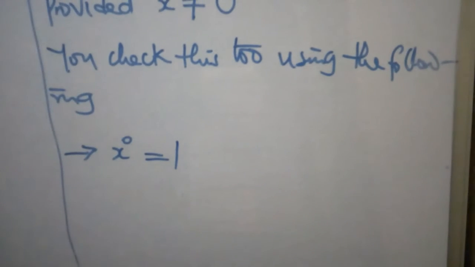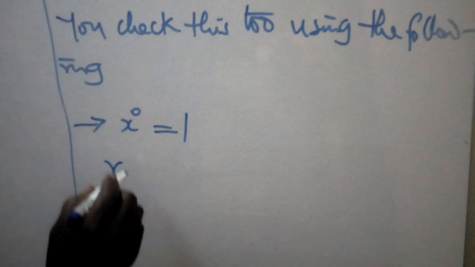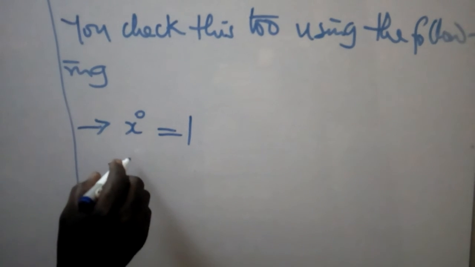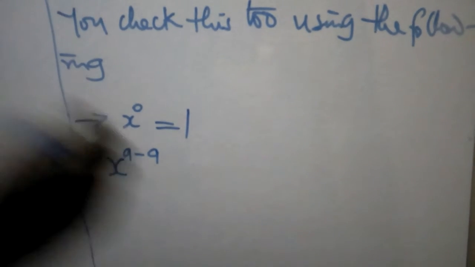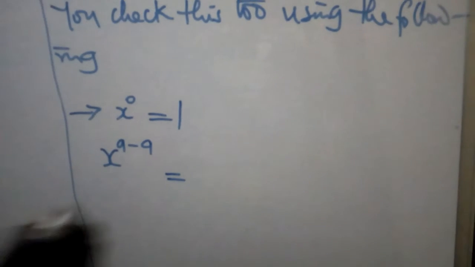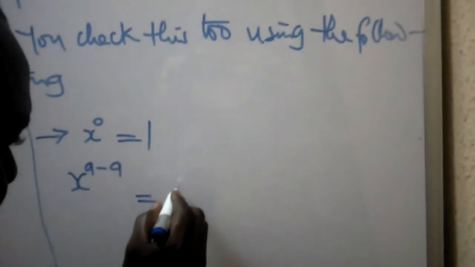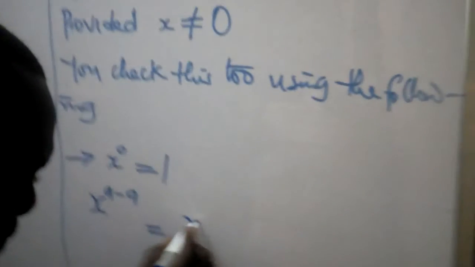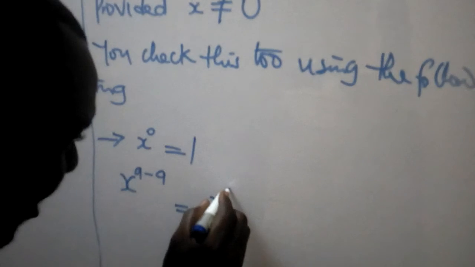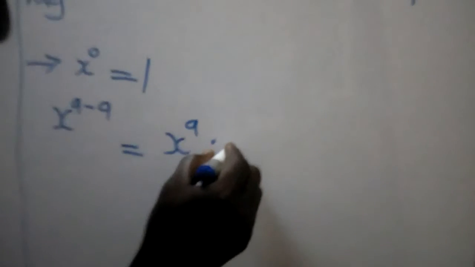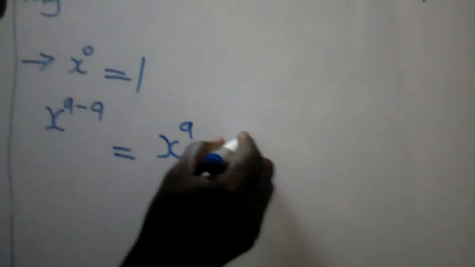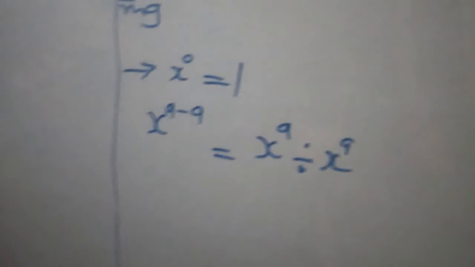How do we prove this? You know that x to the power of a minus a is the same thing as x to a divided by x to the power of a.